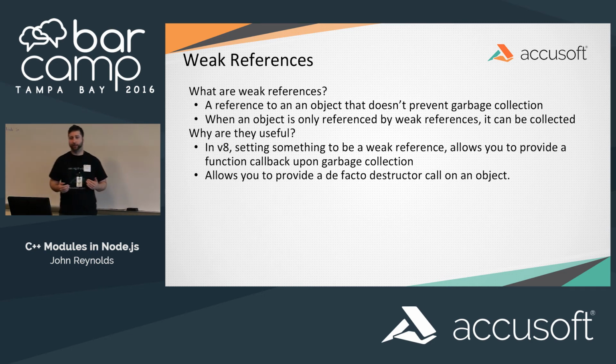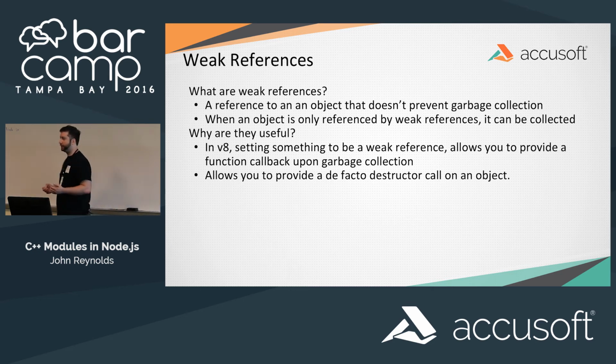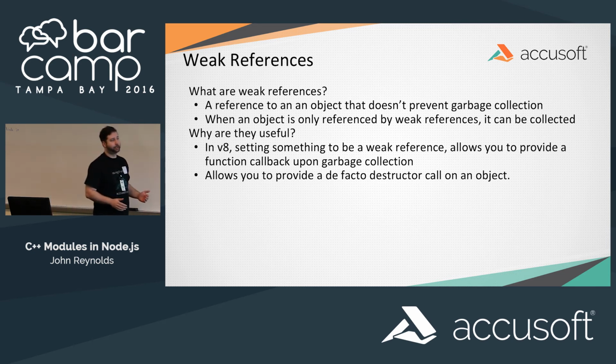Now, weak references are a way of sort of just pointing at a JavaScript object, and you're able to say, let me know when this is garbage collected. So this functions effectively as a destructor on the JavaScript object, because hey, it's just been garbage collected.